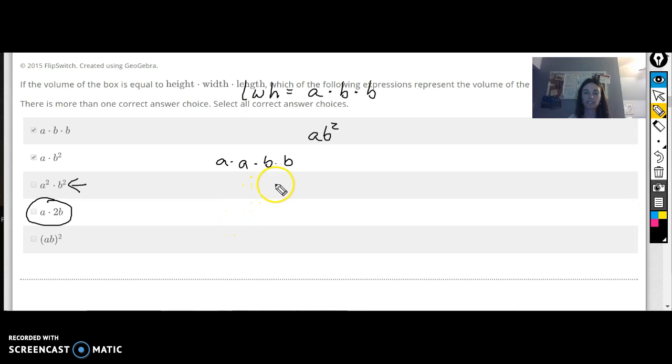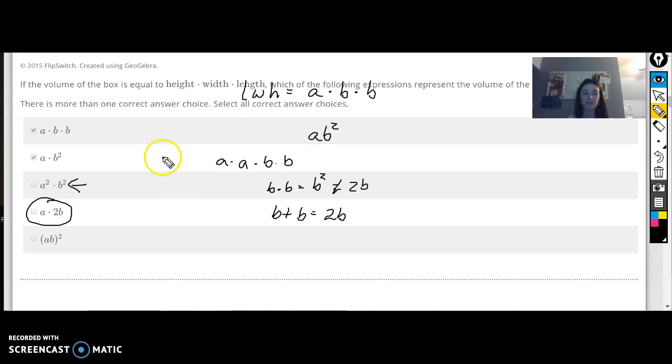So just to be really clear, B times B equals B squared, not 2B, okay? B plus B equals 2B. And that's a very big difference. B squared and 2B are not the same thing. So it's a difference between addition and multiplication.